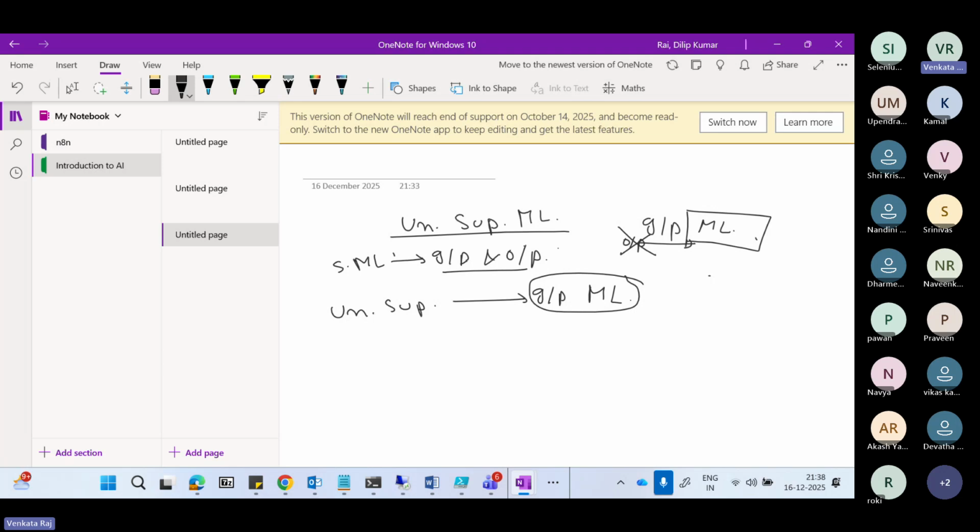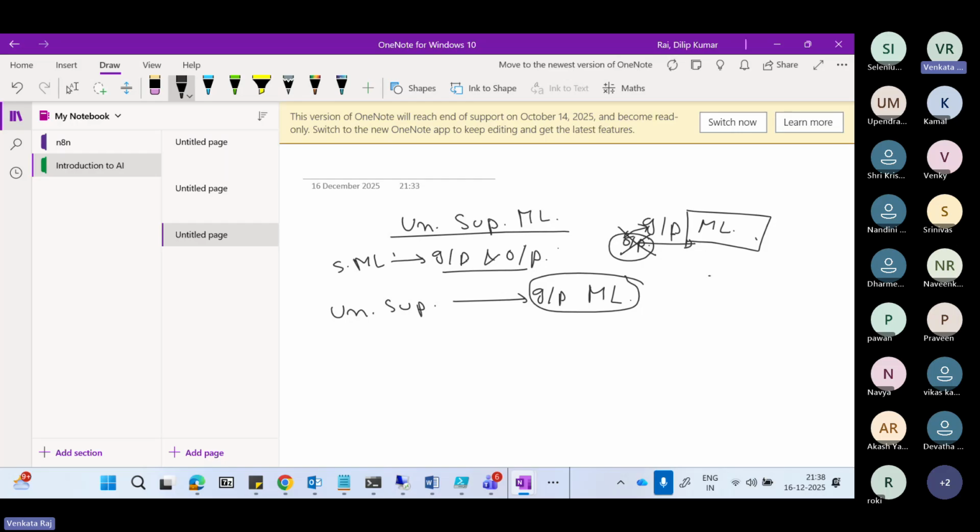So now we can say, if there is no output, then what will this machine learning algorithm do? If there is no output, with what relation will it try to find out? Because there is no other parameter, it will try to find out any relation.